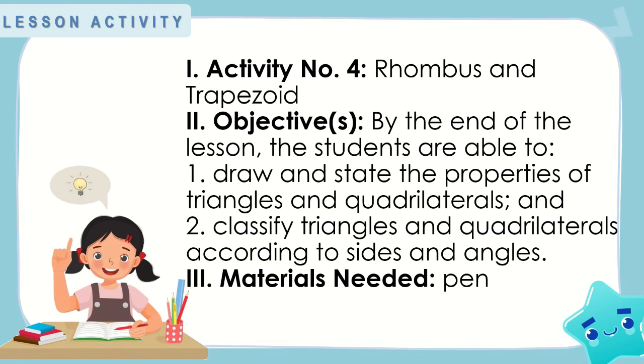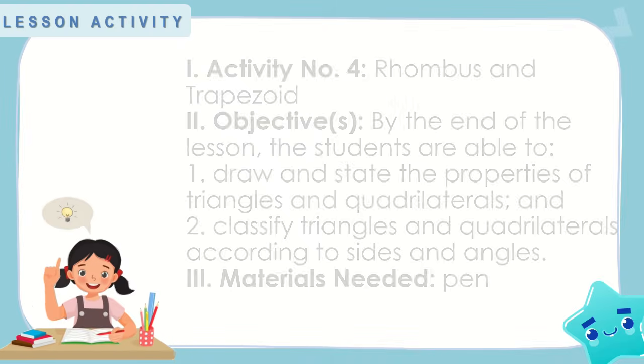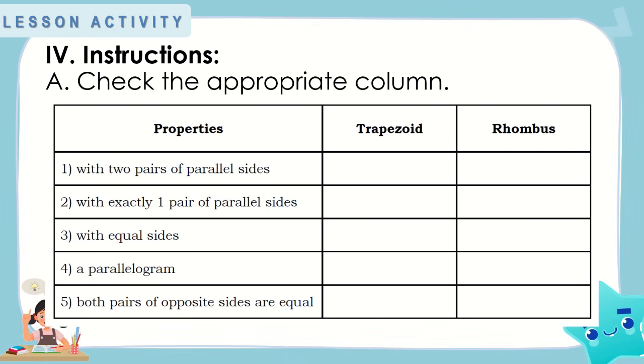Activity number 4. Rhombus and trapezoid. Objectives: draw and state the properties of triangles and quadrilaterals. Classify triangles and quadrilaterals according to sides and angles. Instructions: check the appropriate column.